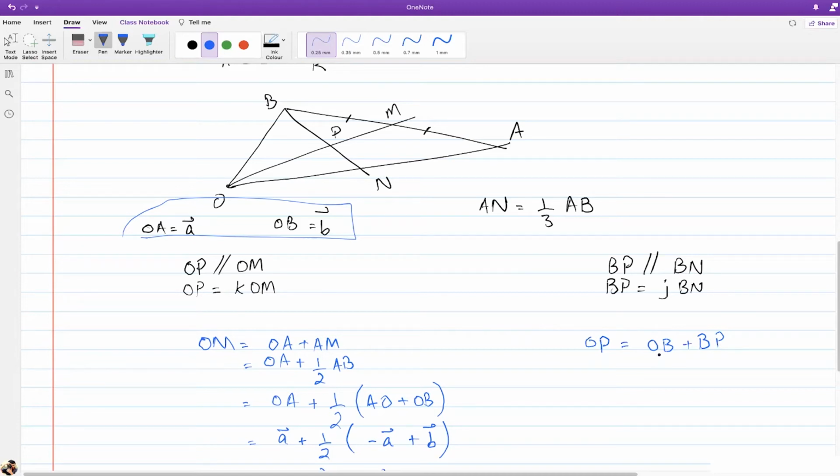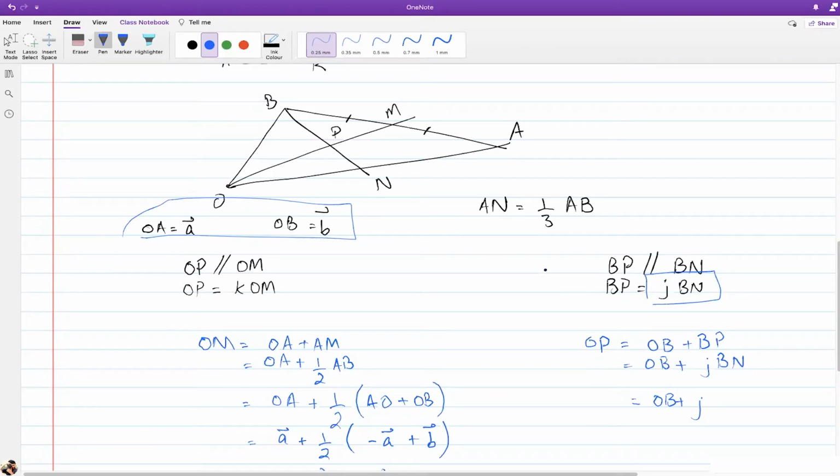Going from O to B is just OB, and going from B to P is J times BN. And what is J times BN? If you want to go from B to N, so what can I do? Can I find BN in some way?